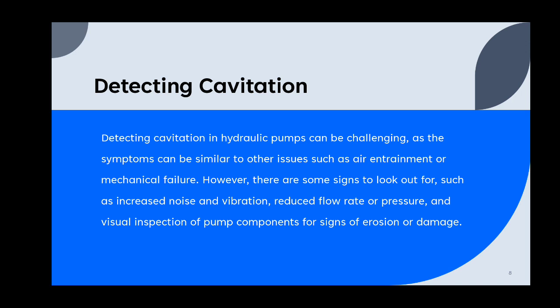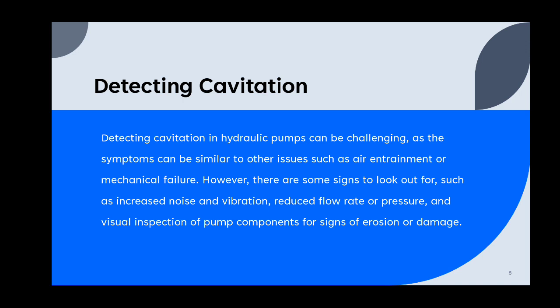So let's look into the detection of cavitation. The detection of cavitation in hydraulic pumps can be challenging as the symptoms can be similar to other issues such as air entrainment or mechanical failure.